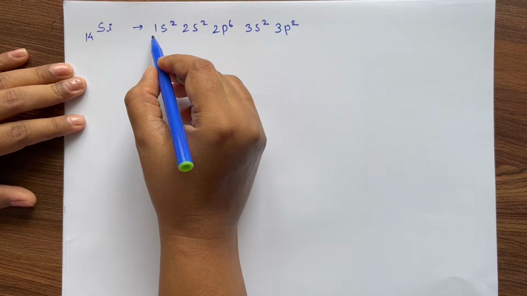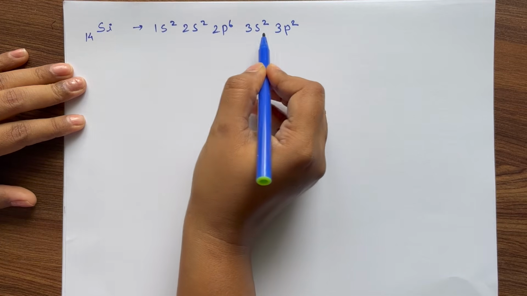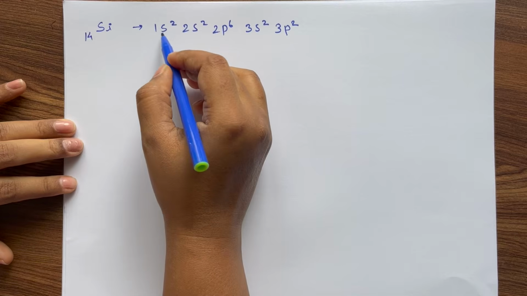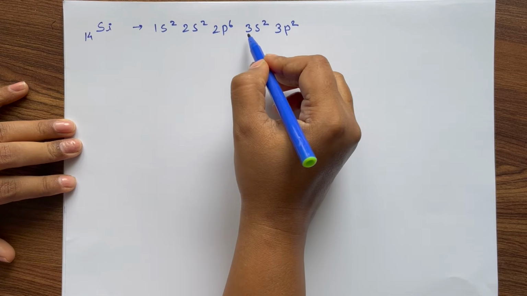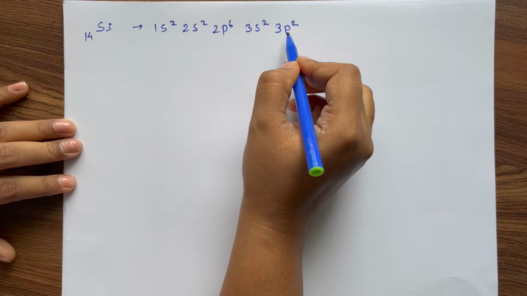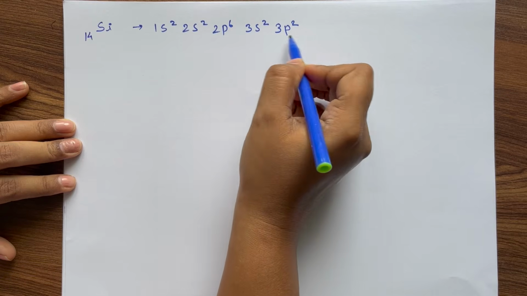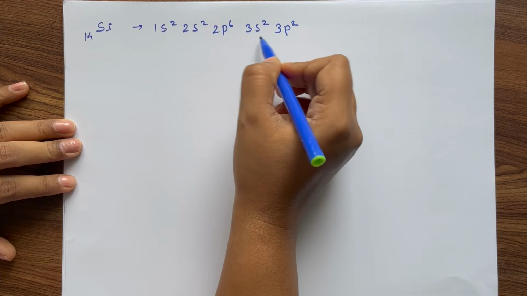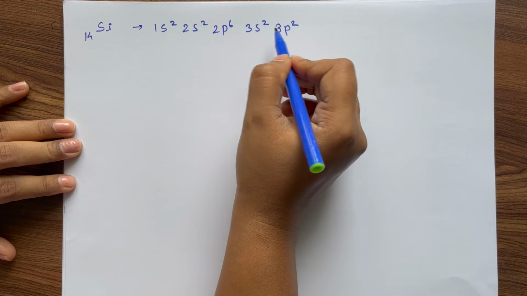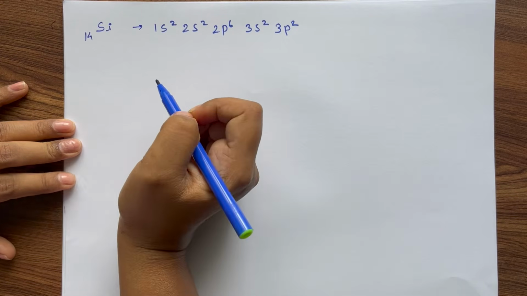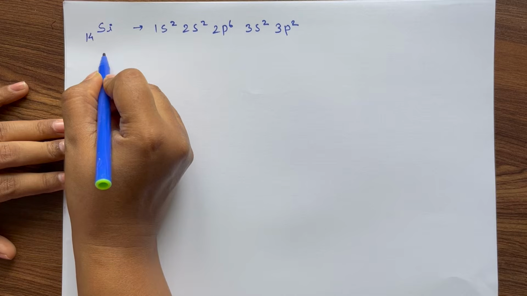So it has three energy shells, 1, 2 and 3. In the first shell, there is the s orbital. In the second shell, s and p orbitals. And in the third shell, s and p orbitals. Here we have 4 electrons in the outermost shell. That is, these 4 electrons are the valence electrons of the silicon atom. Similarly, we can write it for germanium also.